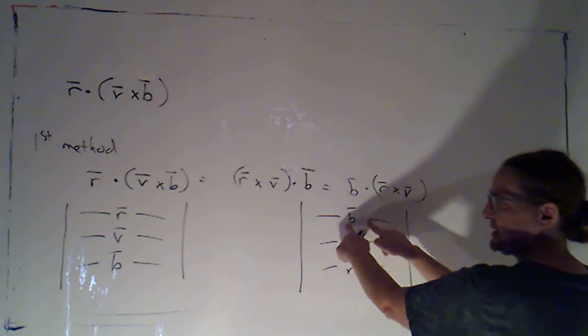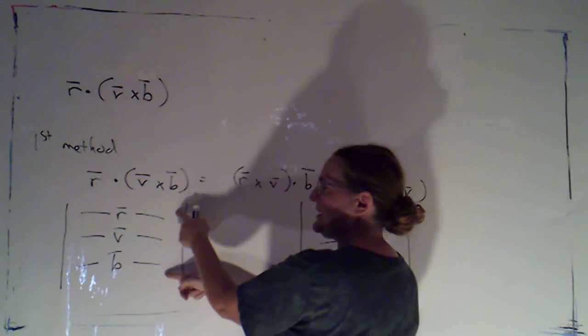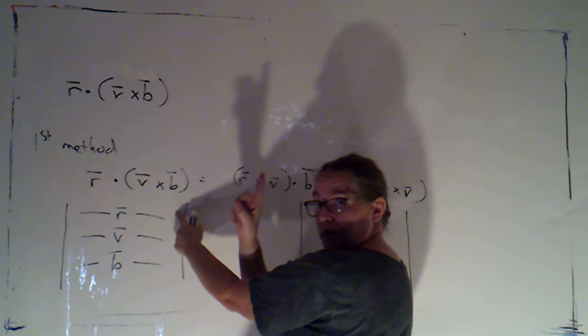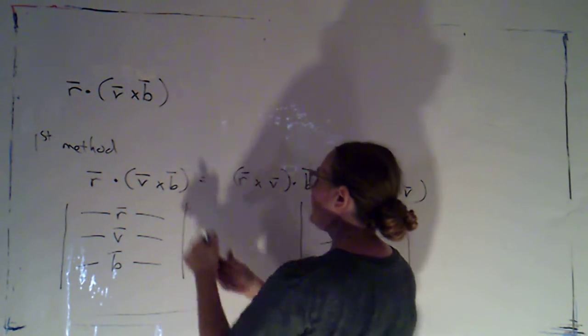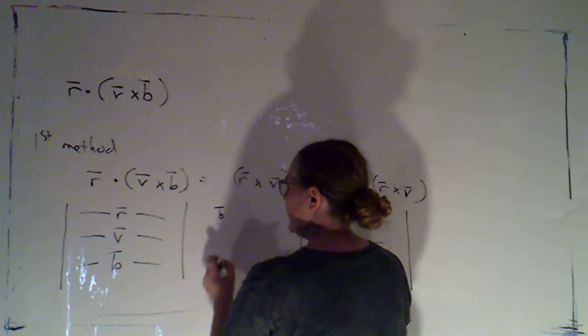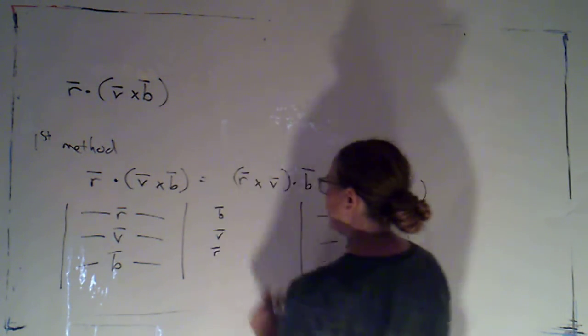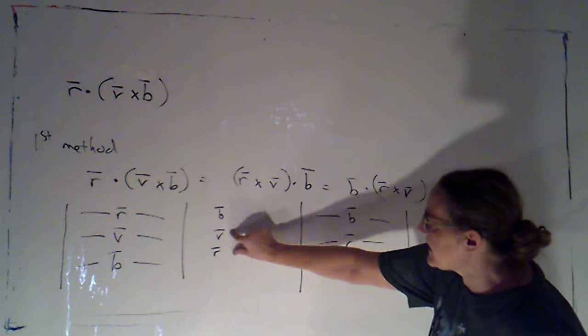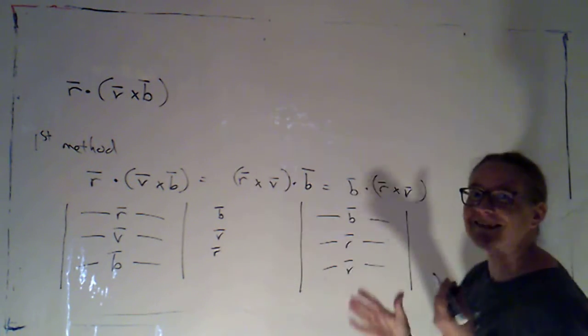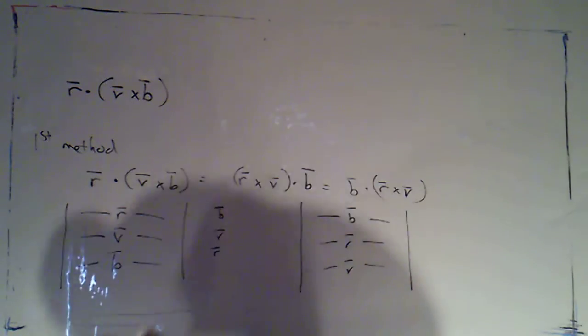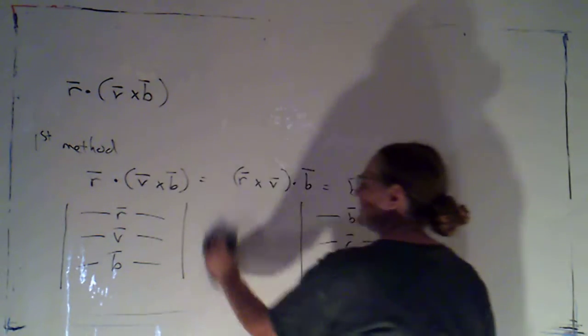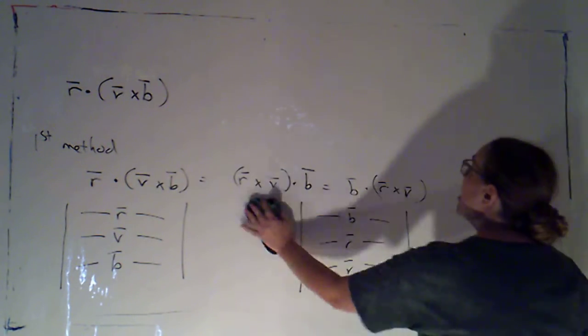So I want B in the top. So I would switch B and R. So that's one row interchange. That changes the sign of the determinant. That puts B up here, but then I still have V here and R here. To get to this order, I now need to switch those two. Now that's a second row interchange, so that's two negative signs that I've introduced, and they cancel each other out. Okay.